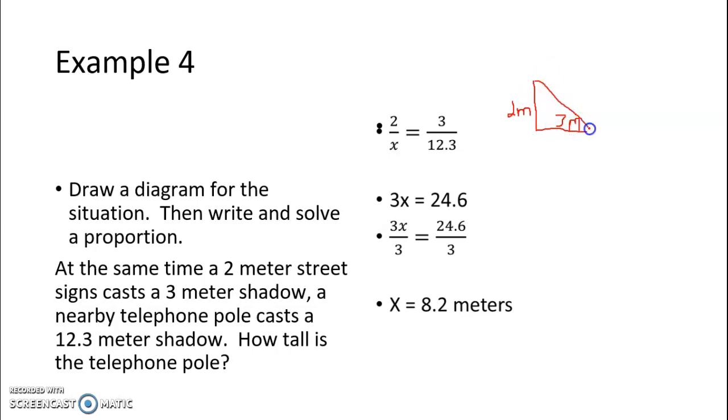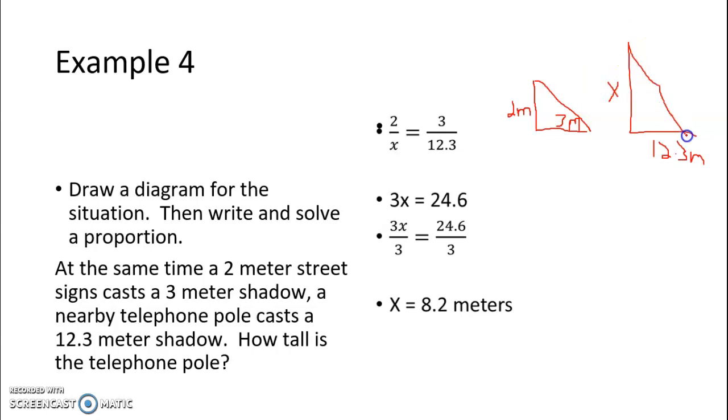I can make that into a triangle. A nearby telephone pole casts a 12.3 meter shadow, so 12.3 would be on the bottom. And we are trying to figure out how tall that is, so that is X or H or whatever variable we want to use.